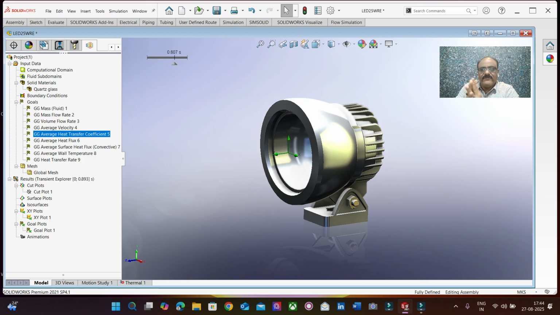Every fluid has a convection coefficient, and these are experimentally calibrated values, which are keyed in, and we are trying to find the heat transfer coefficient also. Then we are trying to find the heat flux, the surface heat flux, convective, because of the fluid convection, then any wall temperature, if any, and then the rate of heat transfer, that is delta T, is what we are going to find out.